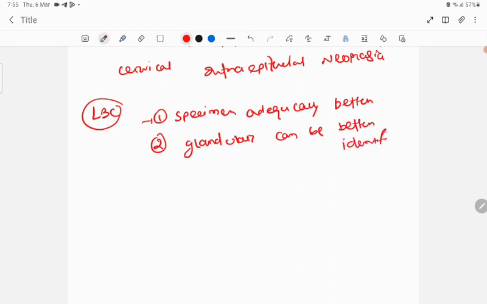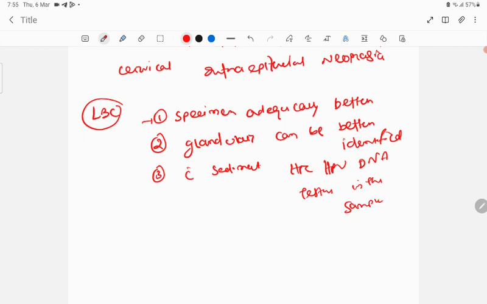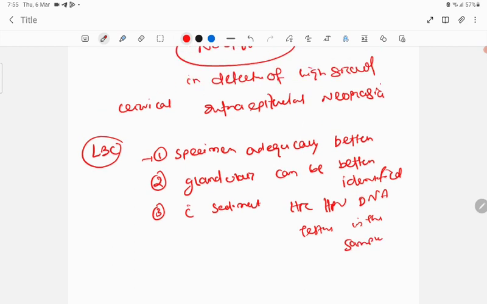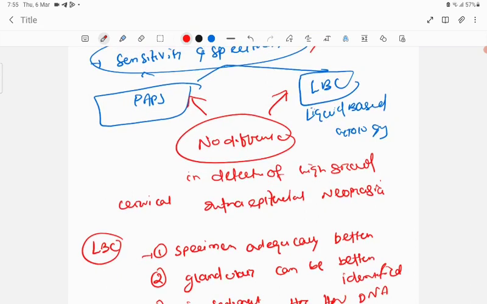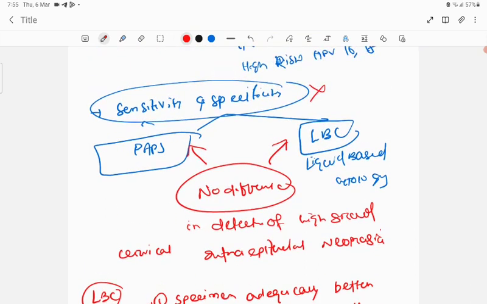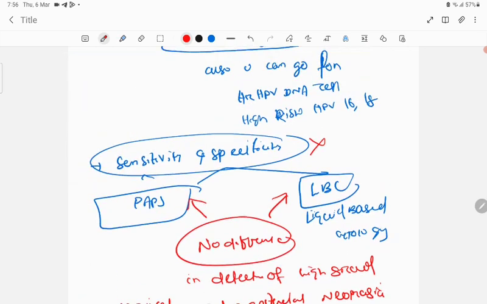Another advantage is that with the sediment in liquid based cytology, you can do HR HPV DNA testing in the same sample. This is the advantage of liquid based cytology. But overall, both have equal sensitivity and specificity, very important statement.